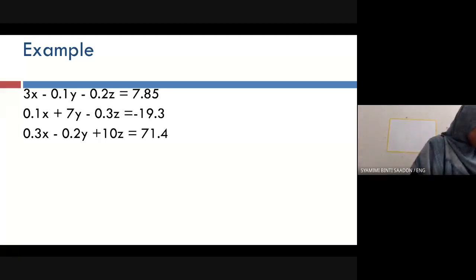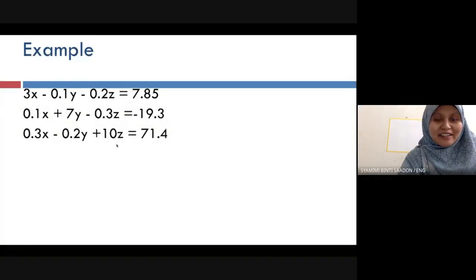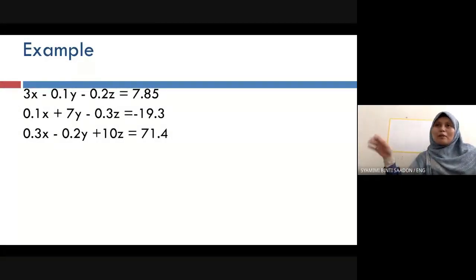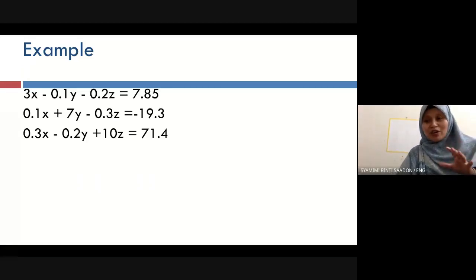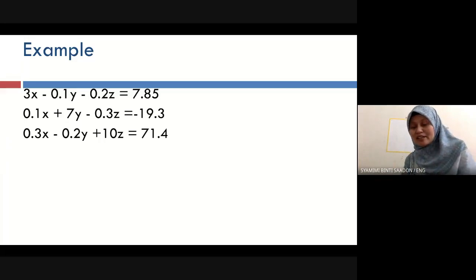For example, just now this is 10. After you decompose and multiply back, you will get 9.999 something. But that just shows your decomposition is correct. After the decomposition, the real matrix may change a bit, but it's still the same matrix.